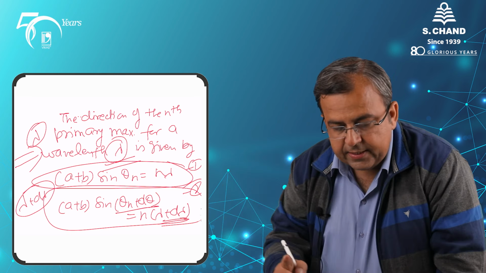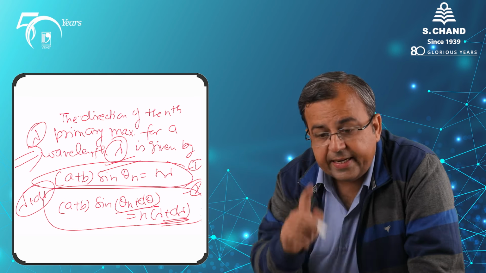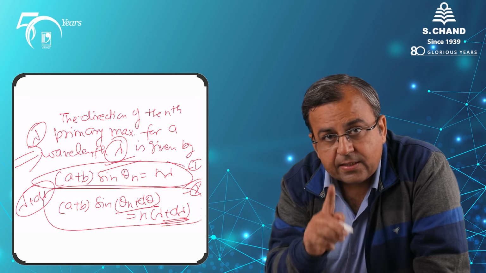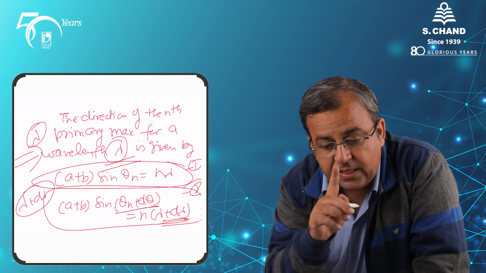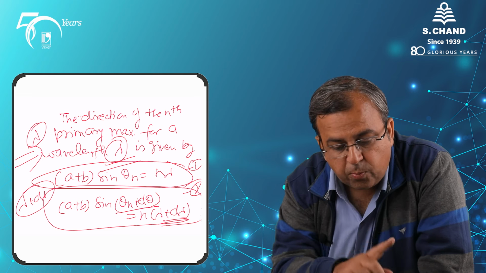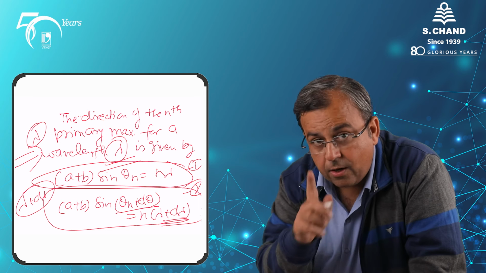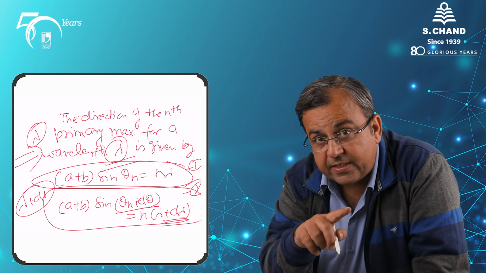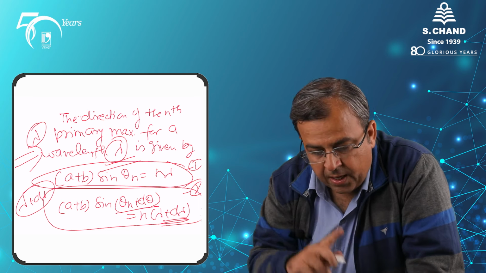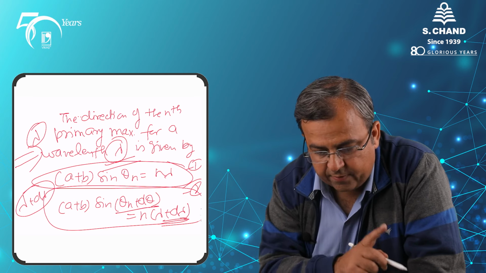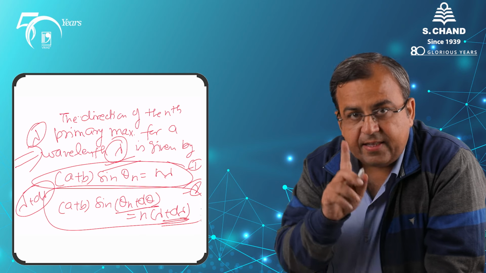The two lines are said to be resolved if the angle of diffraction theta n plus d theta corresponds to the direction of the first secondary minimum after the nth primary maximum at P1. And what is P1? This corresponds to the wavelength lambda.